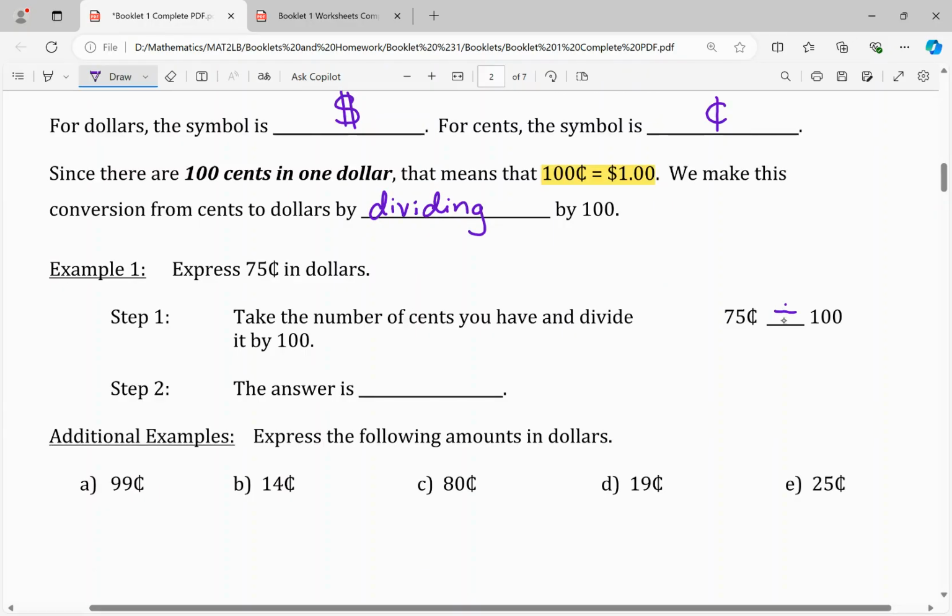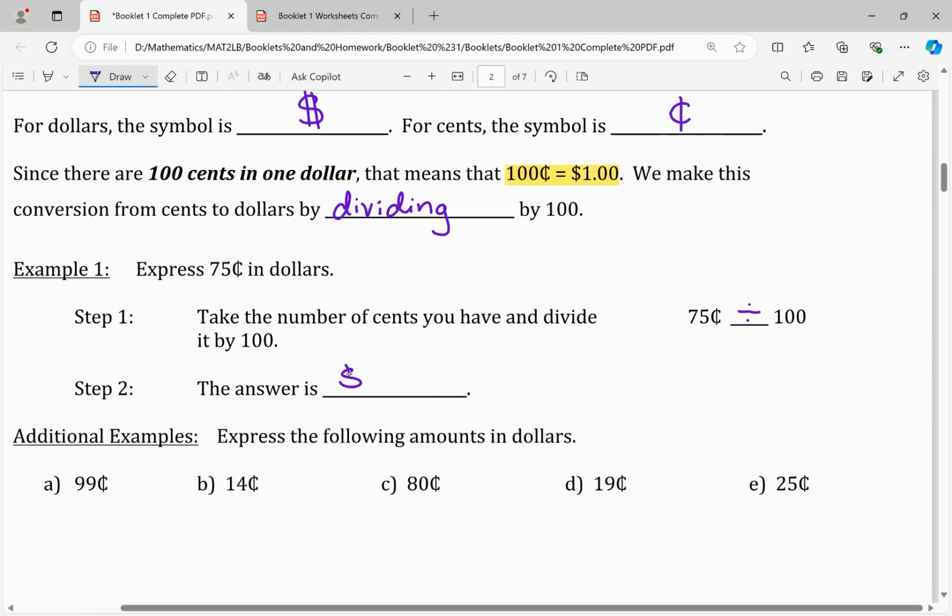So 75 divided by 100. Now, using a calculator or in your head, you're going to divide these two numbers, and what your calculator will tell you is 0.75.